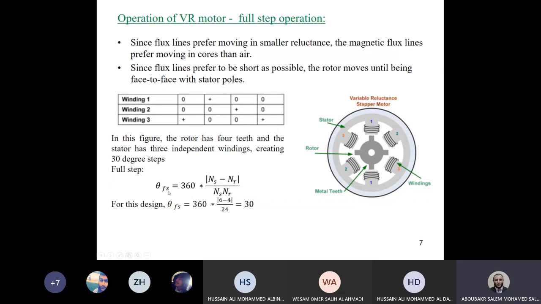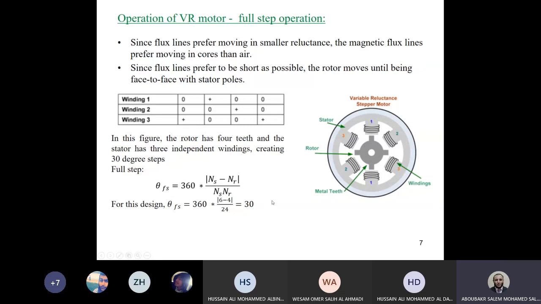So based on the required angle, we need to design our motor. For this configuration we have 6 stator teeth and 4 rotor teeth, so theta equals 360 multiplied by (6 minus 4) divided by (6 multiplied by 4). So we have a step angle of 30 degrees.